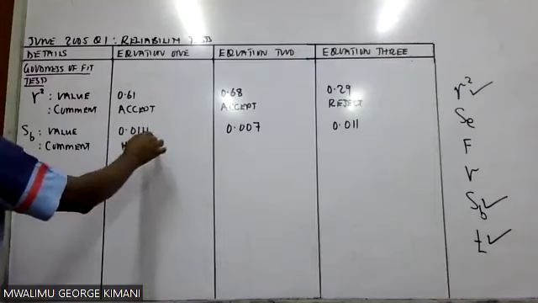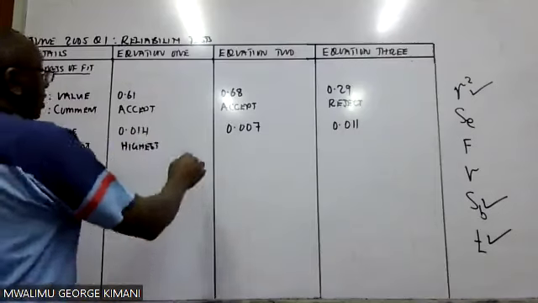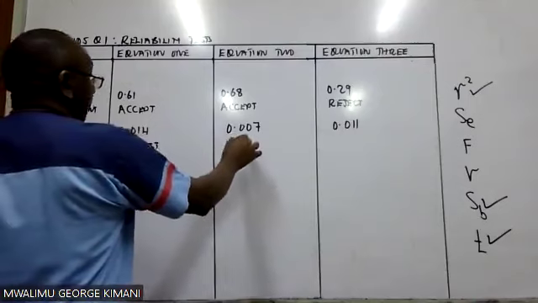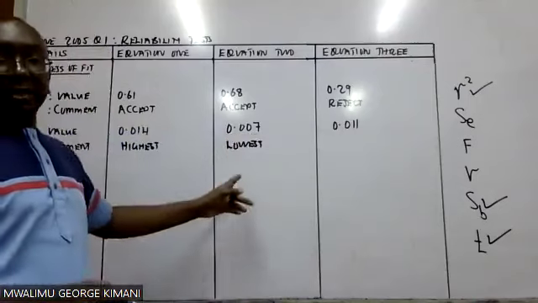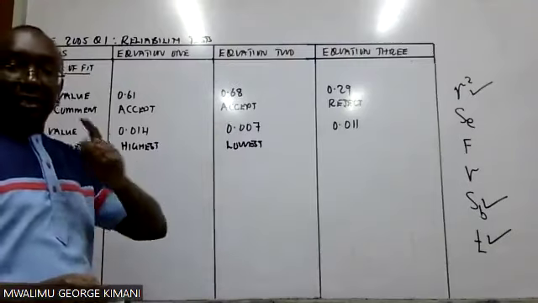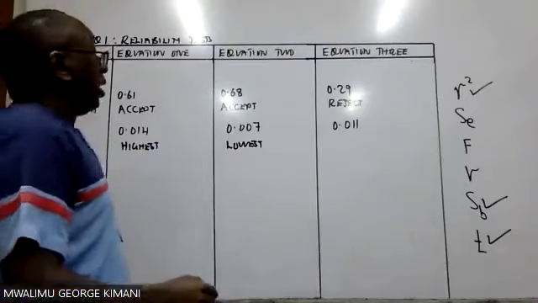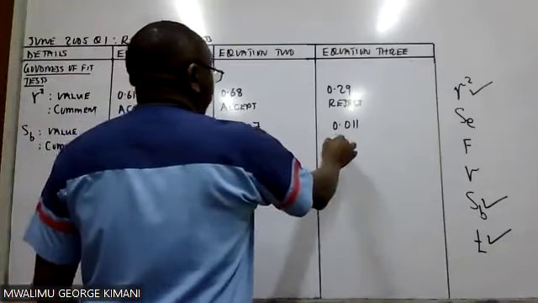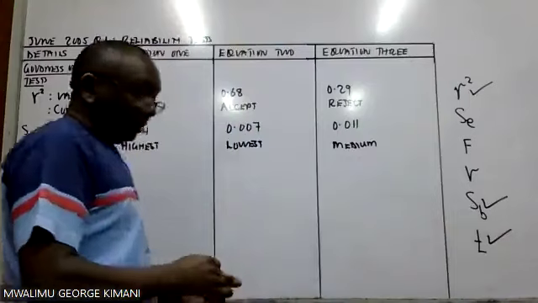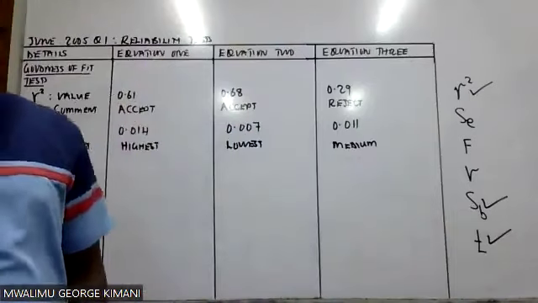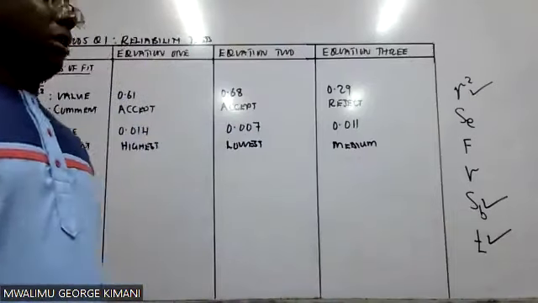So if it's the highest, we may need to avoid. This is the lowest. But remember, in as much as this one is appearing as the lowest, we shall say it is spurious. And this one we can say it is medium, or it is average, or in the middle.